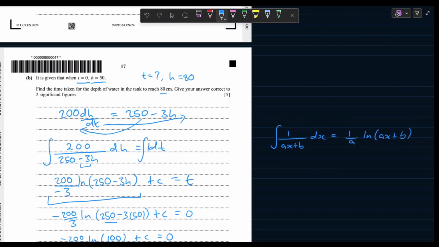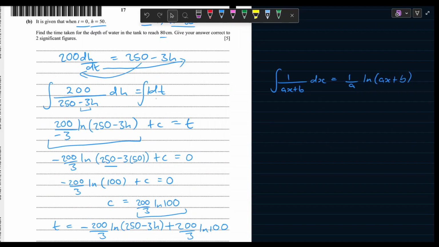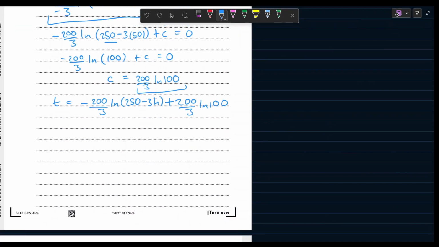But remember, what the question wants is to find the time taken. So it wants to know t when h is 80. So we need to substitute h with 80. So t is equal to negative 200 over 3 ln 250 minus 3 times 80 plus 200 over 3 ln 100.